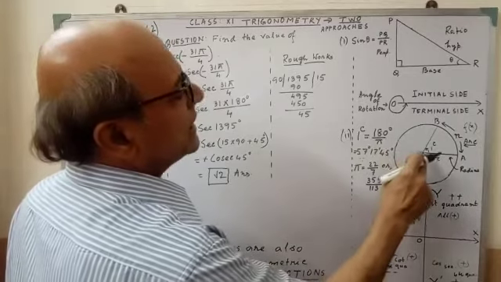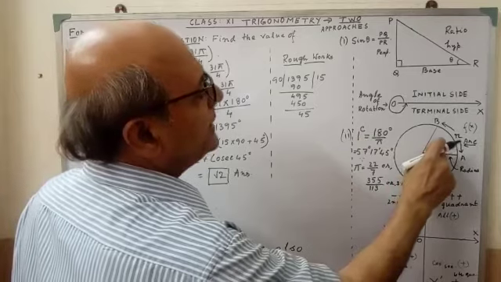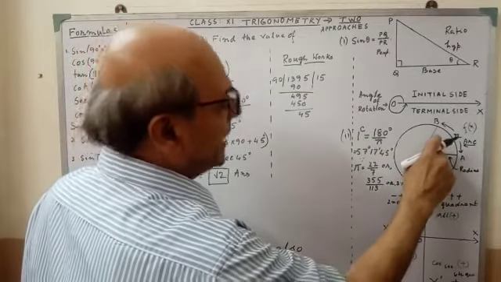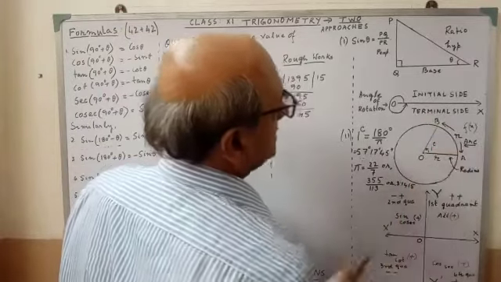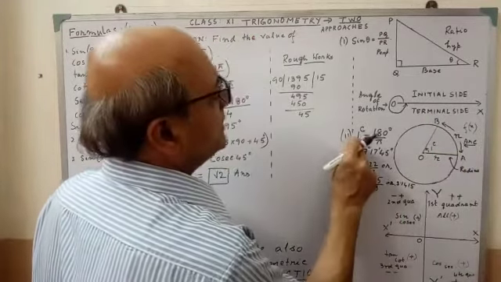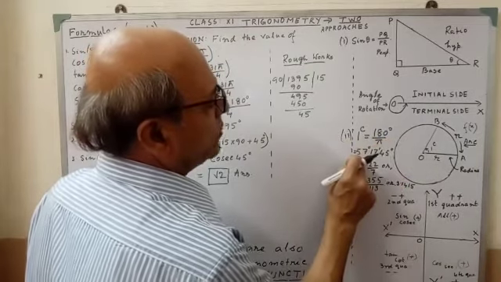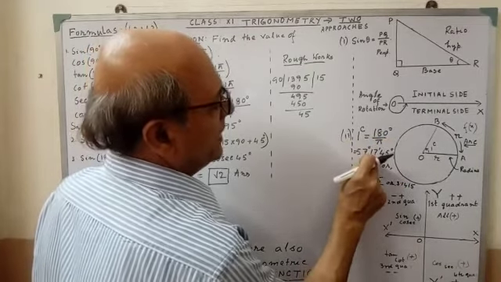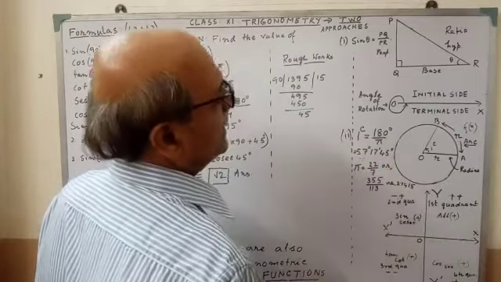that is, this angle is 1 radian, this is the radius and this is r. 1 radian equals 180 degree divided by pi, equals 57 degree 17 minute 45 second.